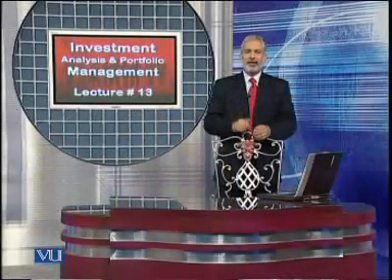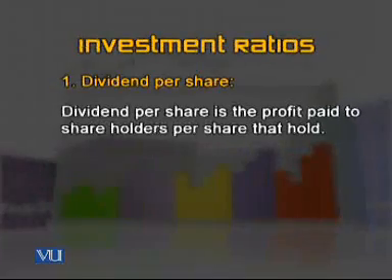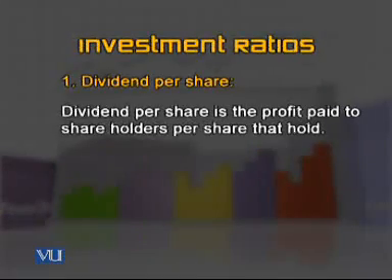Earnings per share is the profit available for distribution to the common stakeholder, whereas this is what actually is paid out to the shareholder. Earnings are just earnings. They need not be paid out. But dividend is something that's paid out. So DPS, or dividend per share, is different from EPS, which is earnings per share.